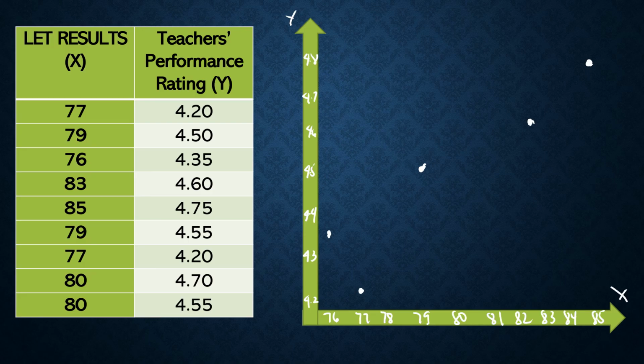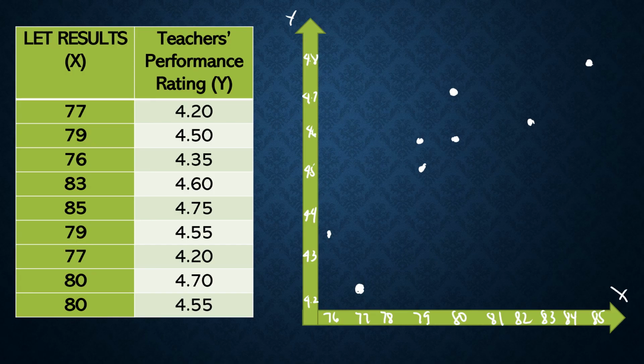It will fall here. 77, 4.20, again here. 80, 4.70 will fall here. 84, 4.55, here. We're done with plotting the points and we already created a scatter plot.